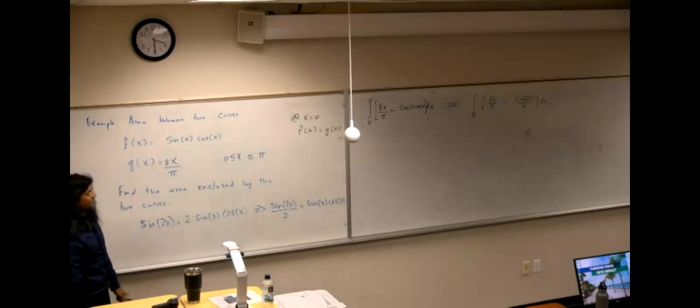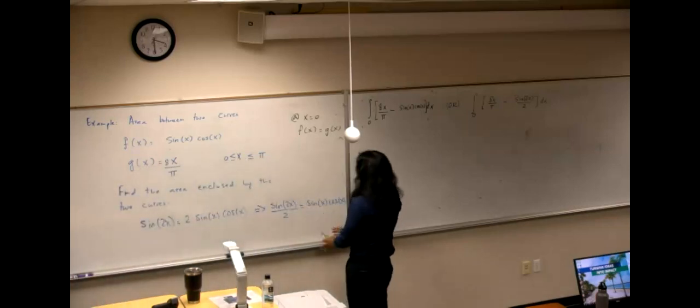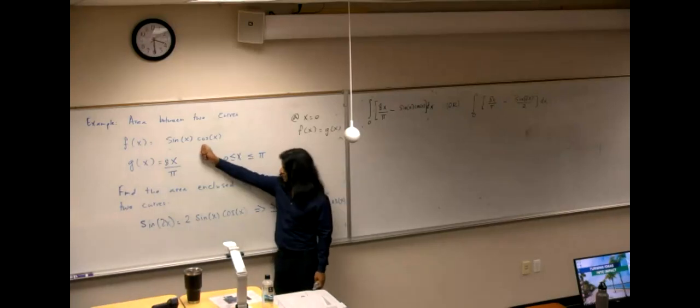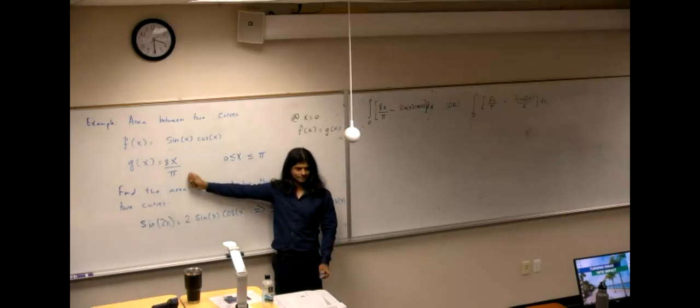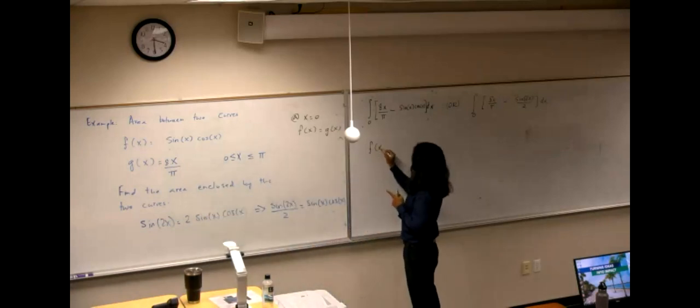What is it? Well, we want to find another point of intersection. In other words, I've got to find a place where that would equal that. Correct? Yes? Okay. The first function is sine 2x over 2.